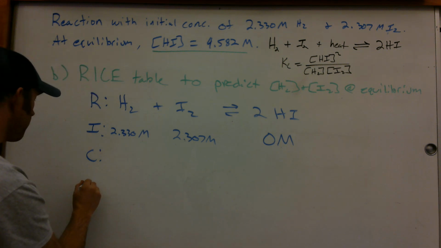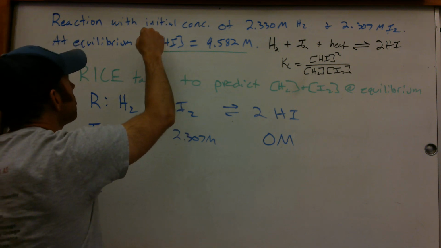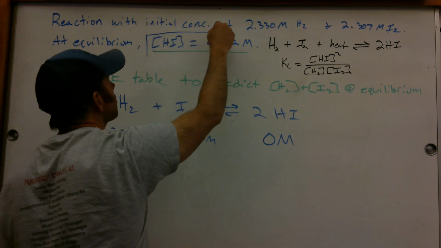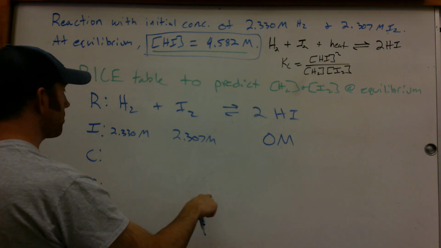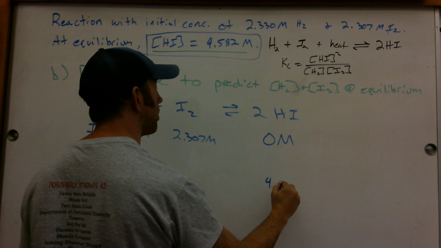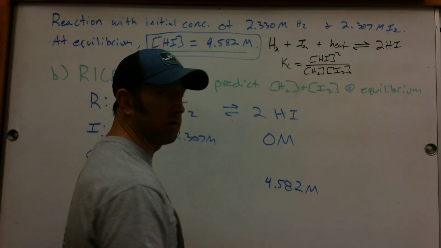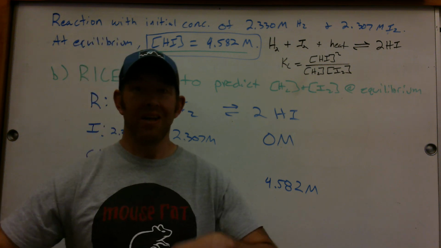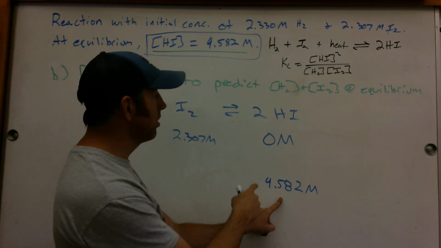So, what we're also given in this bit is the molarity of HI at equilibrium. Okay, so I know my equilibrium concentration of hydrogen iodide is 4.582 molarity.